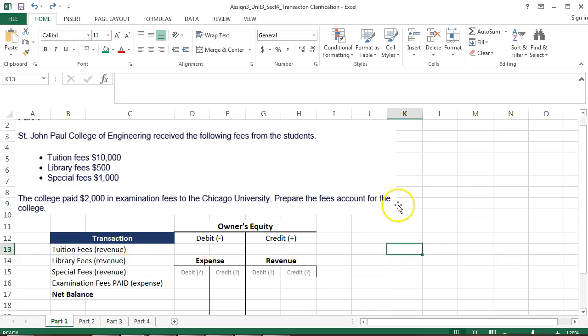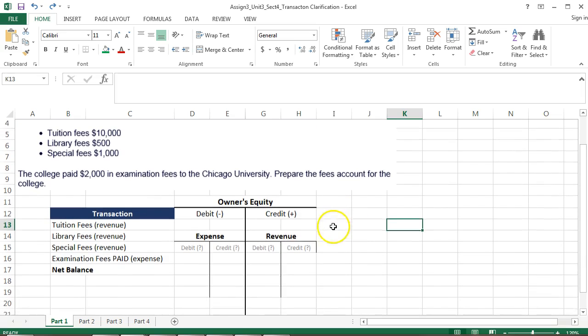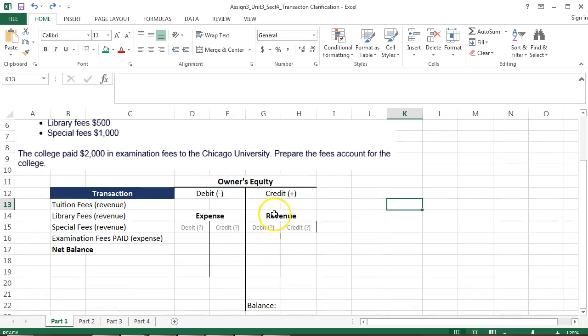Originally, the instructions have you prepare just a fees account, but I'm switching that up a little bit so you get more familiar with these revenue and expense accounts. We're also going to add a cash account.